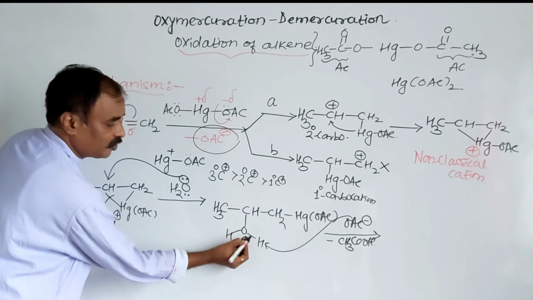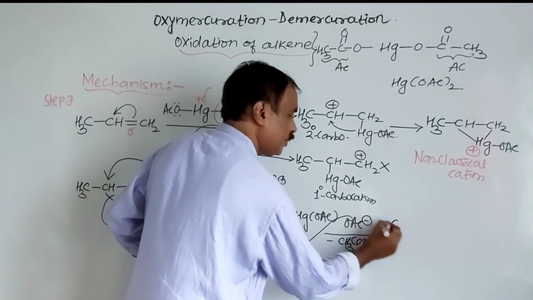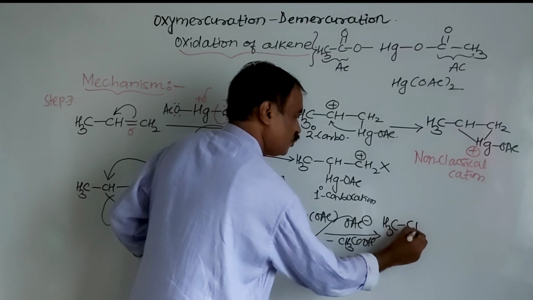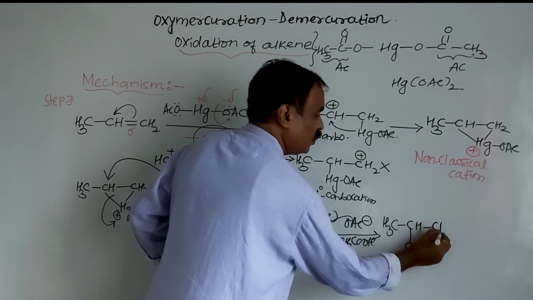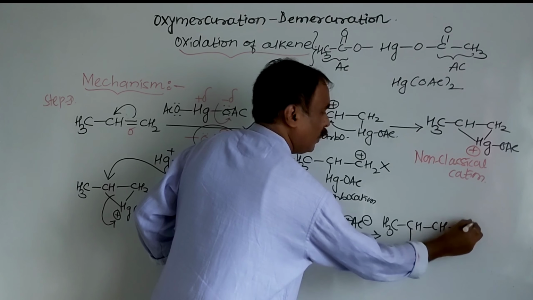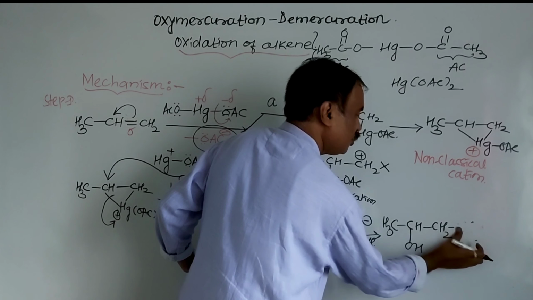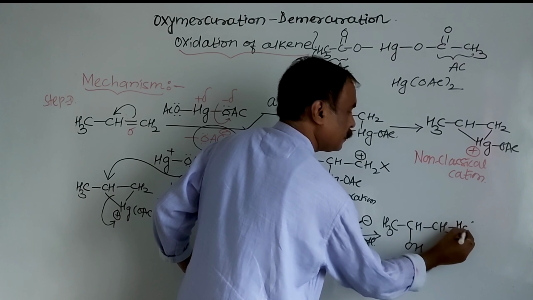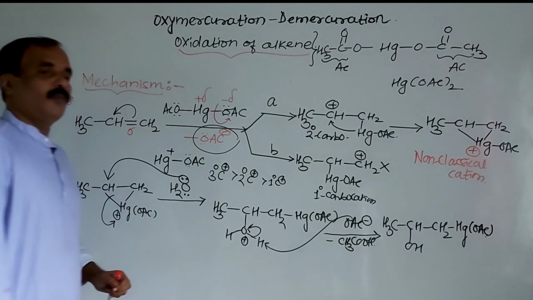And after breaking up this bond, shifting of electrons like this, here formation of CH3, CH, OH, CH2, HgOAc. This is overall step number 1.